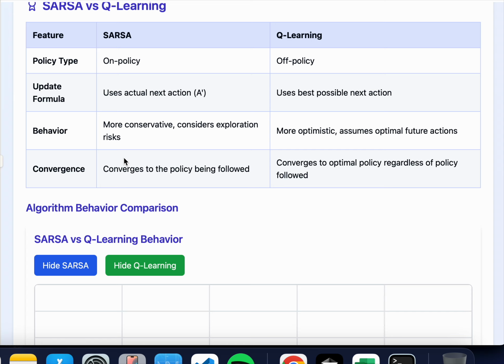Q-learning, on the other hand, is more optimistic. It assumes we are always going to follow the best possible path, which sometimes leads to risky decisions near edges or penalties. And lastly, in terms of convergence, SARSA converges to whatever policy it's actually following, even if that includes some randomness. Q-learning aims to converge to the optimal policy overall, regardless of what path it took during training.